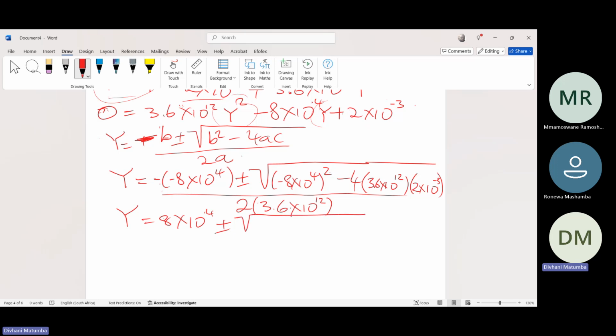If you solve for what is in the square root, you will get the square root of 2.24 times 10 to the power of 10, divided by 7.2 times 10 to the power of 12.